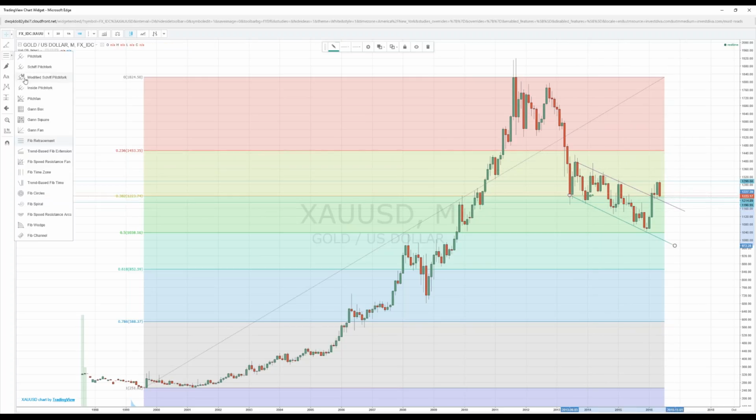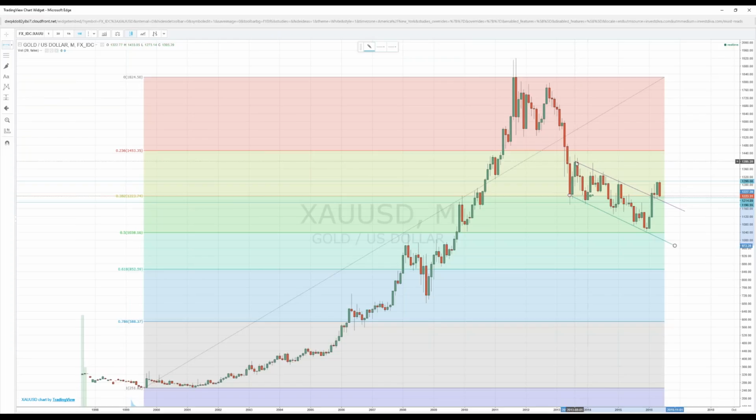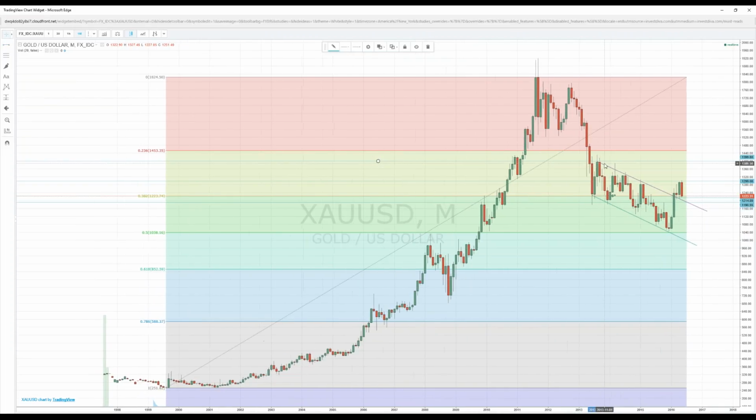So that would basically be, where are the trend lines again? Either this high, right? Or if you want to be a little bit more conservative, this high at 1333, right? So these are the levels that you want to keep in mind.